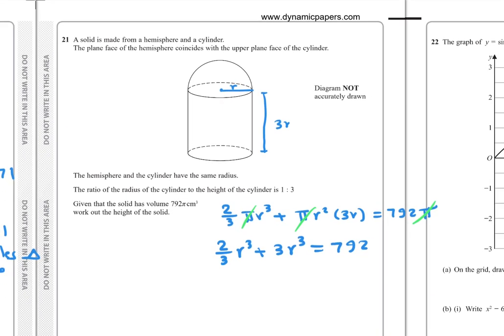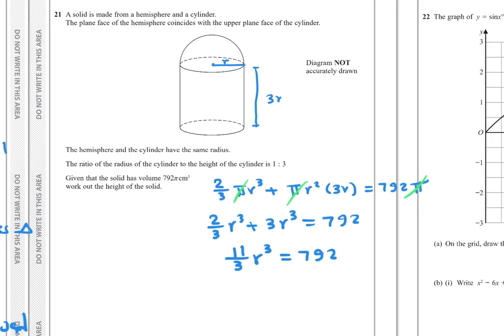Now combine the like terms. 2 over 3 plus 3 equals 11 over 3. 11 over 3 r cubed equals 792. So r cubed equals 792 divided by 11 over 3.